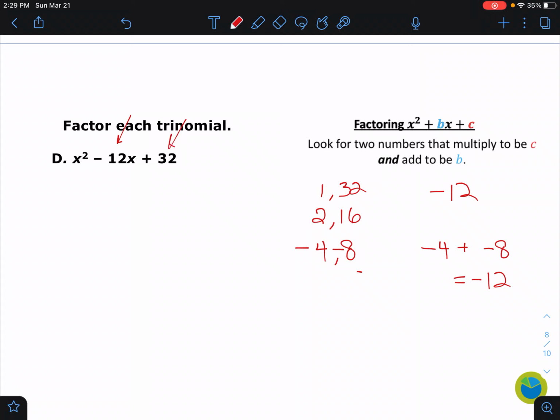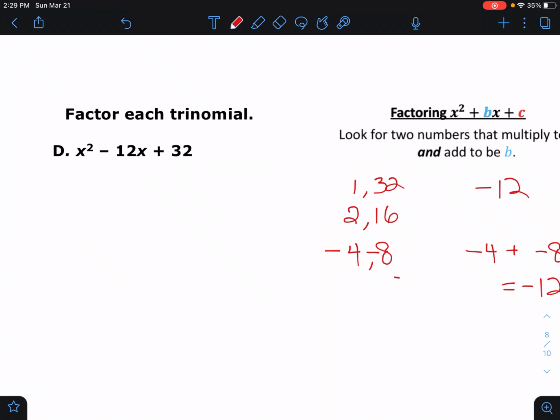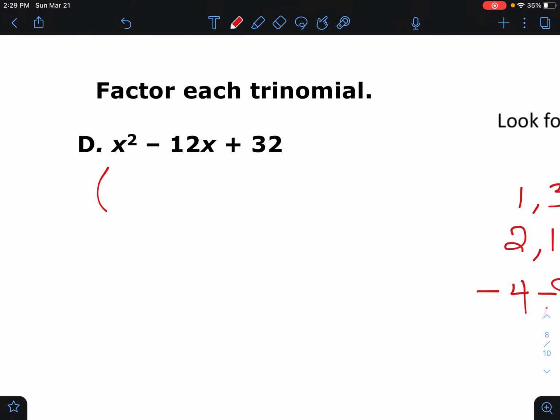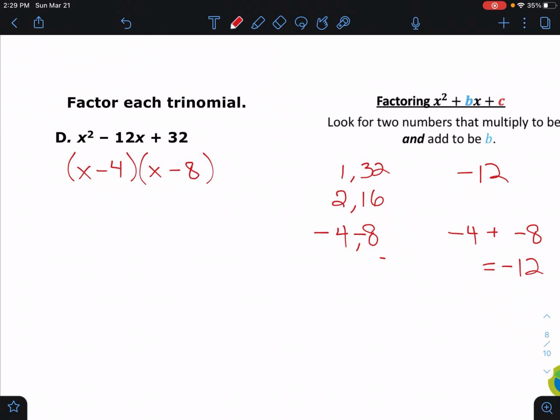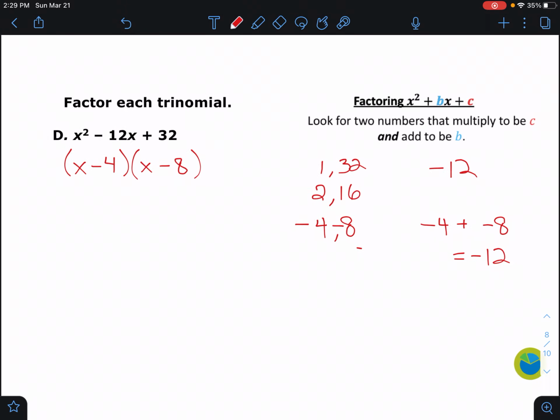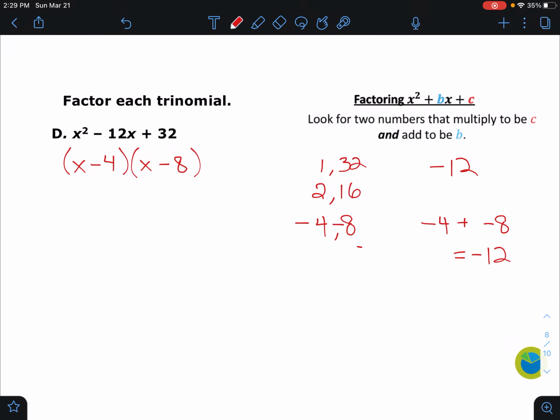That's an indication that I'm going to need both of these numbers to be negative. So a little bit of a sneaky one. Be aware of that. The positives and negatives matter, otherwise it's wrong. So make sure you're taking a close look at each number, whether they're positive or negative, and consider that when you're factoring. And that's how you factor polynomials in the form x² plus bx plus c.